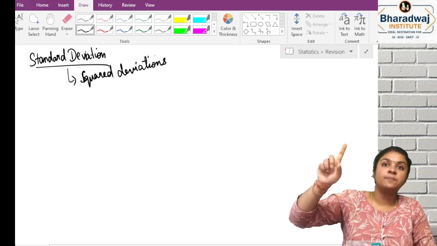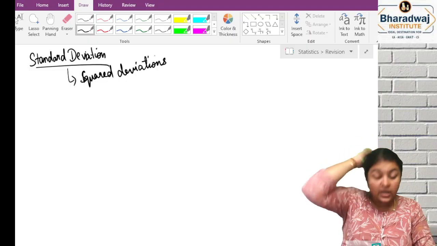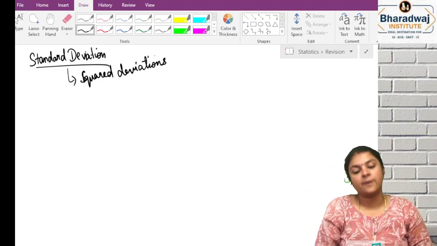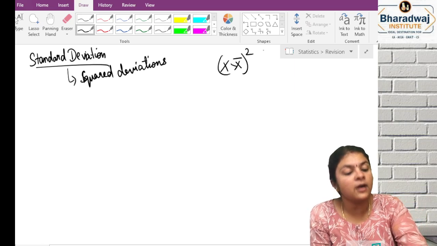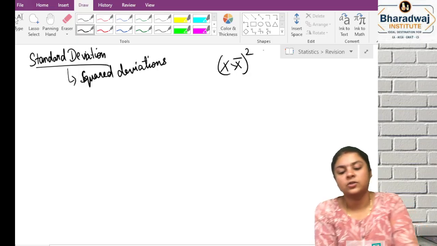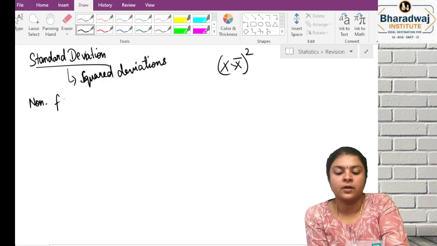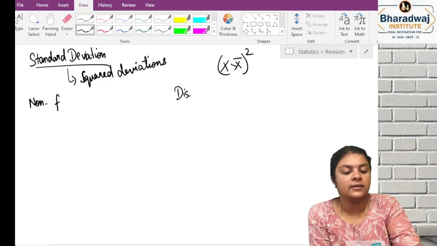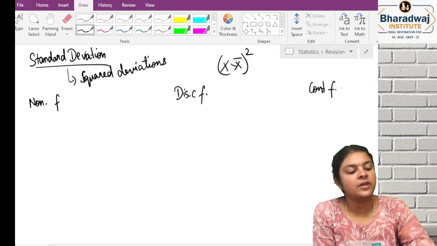Mean deviation is based on absolute deviations, whereas standard deviation is based on squared deviations. So here we are going to use x minus x bar the whole square. So let's learn the formula under each type: non-frequency, discrete frequency and continuous frequency.